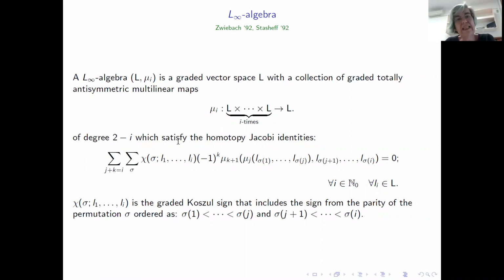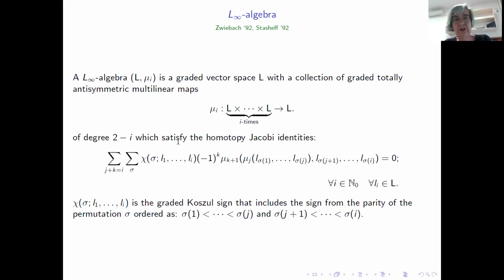Let's say that in physics, we sort of rediscovered L-infinity algebra in the works of Zwiebach on string field theory, where he basically noticed that L-infinity algebra is the underlying geometric structure of string field theory.